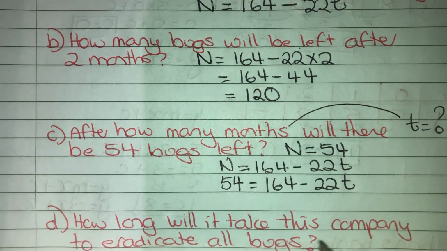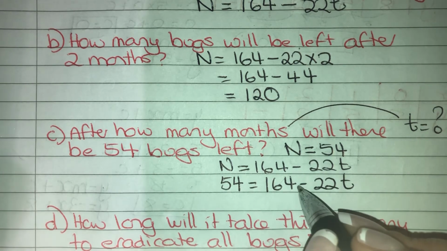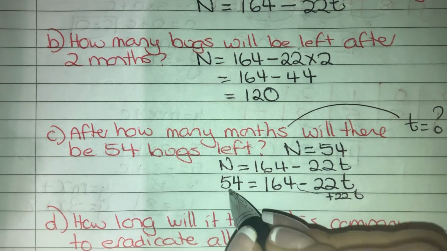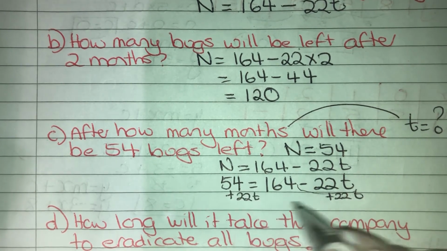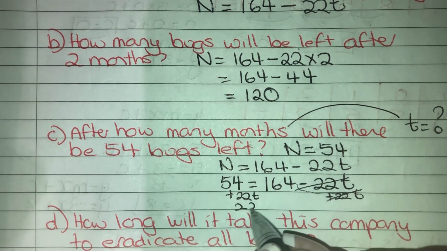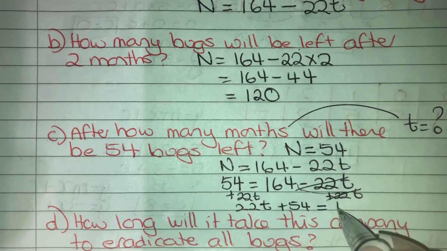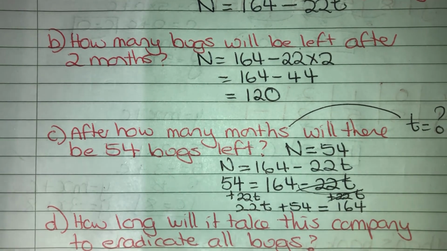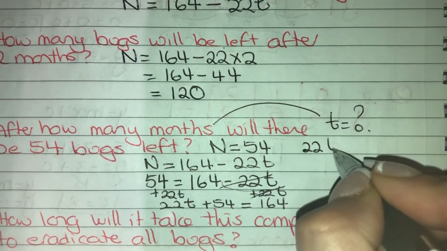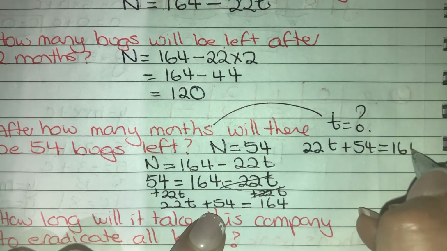Okay, let's get some algebra happening here. We want to get t by itself. The first thing is this is minus 22t. I don't like minuses, so we're going to put that over to the other side. Even though we have to do a couple of steps, that's okay. On the left-hand side now, we have 22t plus 54 is equal to 164. I'm going to write this up here again because I'm getting a bit messy: 22t plus 54 equals 164.